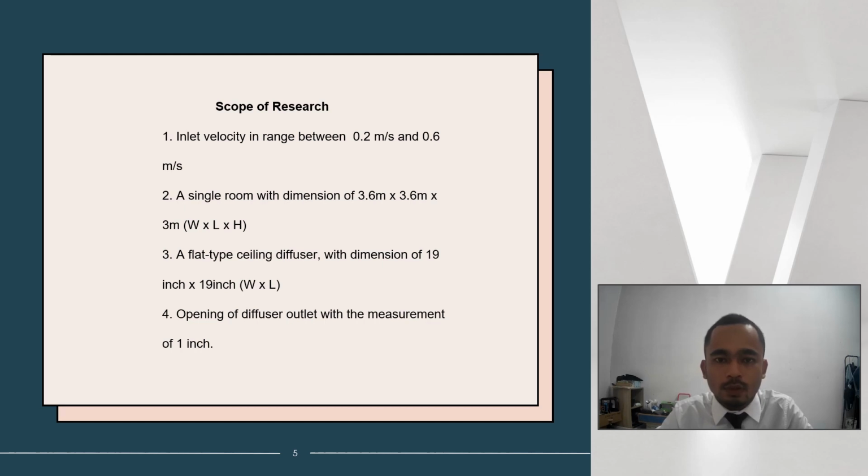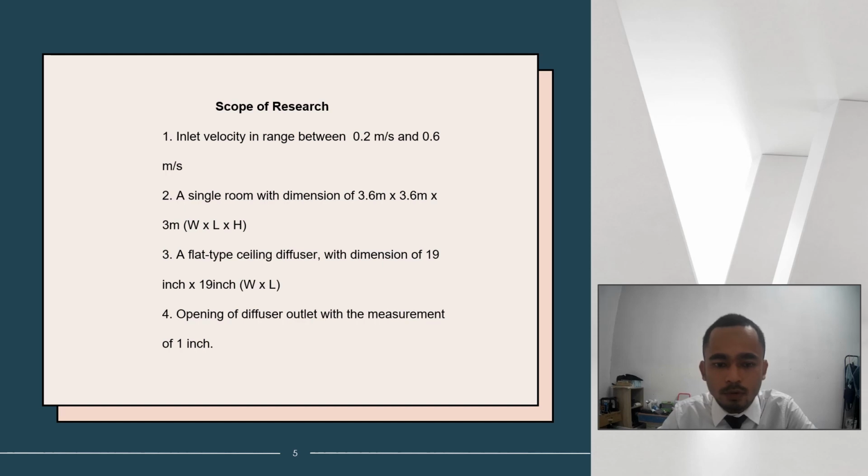So I will be using the same value for my research. And the next one is a single room with dimension of 3.6 meter times 3.6 meter times 3 meter. This dimension also is based on previous research paper. So this value will be the same. The only thing that is different is the type of diffuser that I will be modeling.